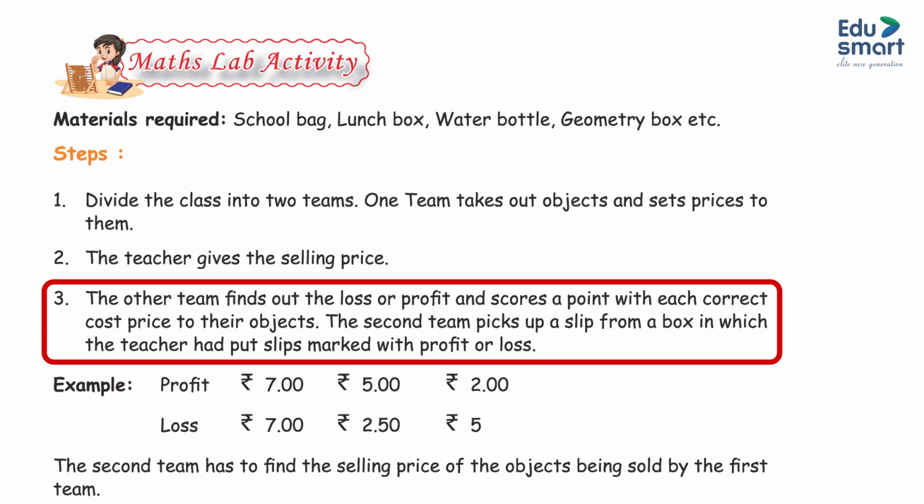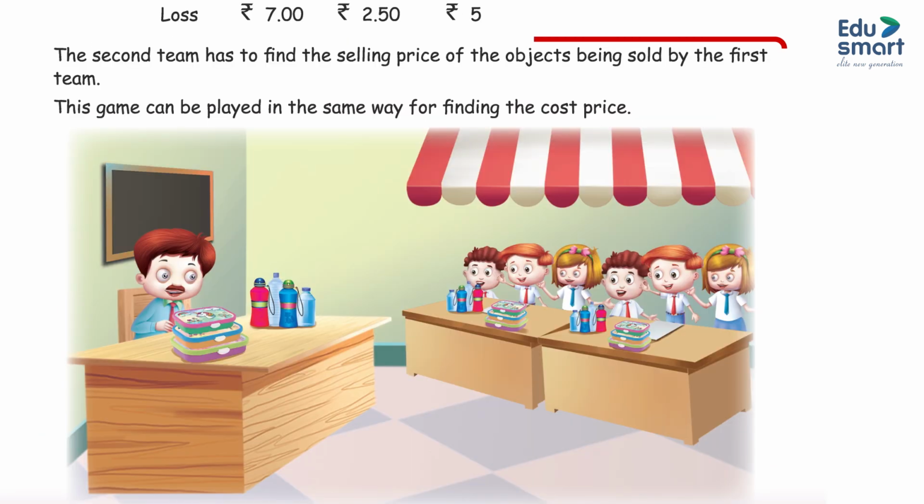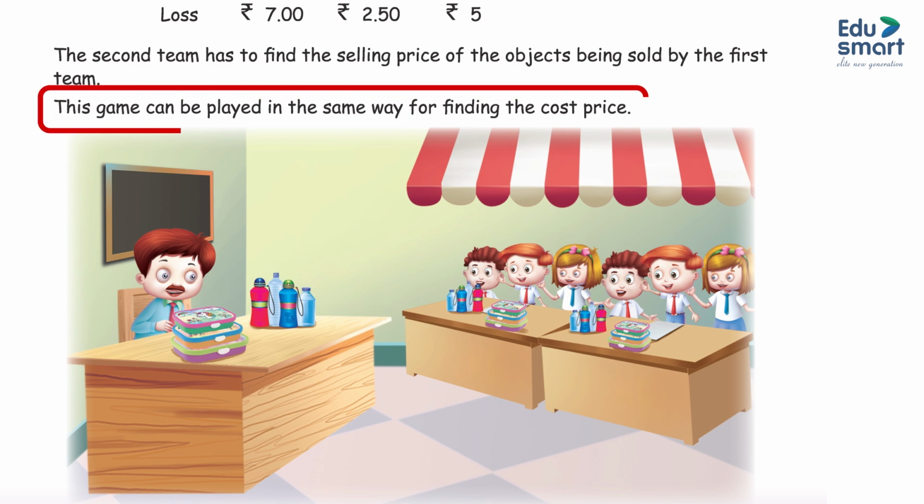The second team picks up a slip from a box in which the teacher has put slips marked with profit or loss. Example: profit 7 rupees, 5 rupees, 2 rupees. Loss 7 rupees, 2.50 rupees, 5 rupees. The second team has to find the selling price of the objects being sold by the first team. This game can be played in the same way for finding the cost price.